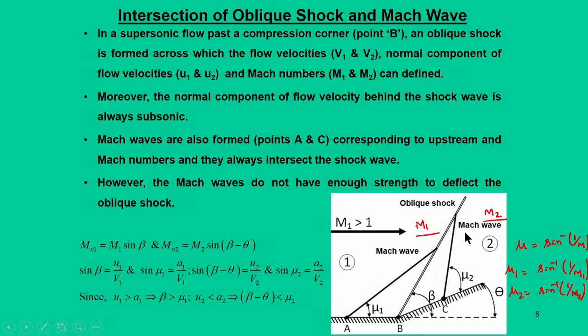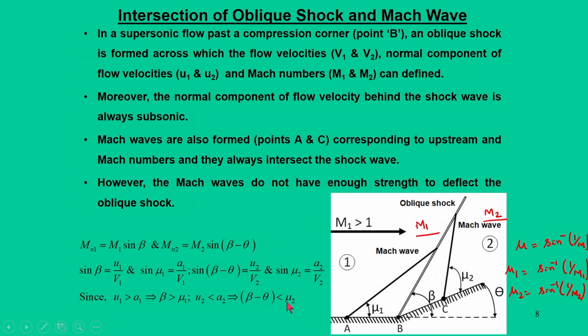But for the region 2, u2 is less than a2, because the normal component of the flow velocity beyond the oblique shock is always subsonic. This has been proved from the theory of oblique shocks. So u2 is less than a2, which implies that beta minus theta will be less than mu2. Beta minus theta is nothing but this particular angle.